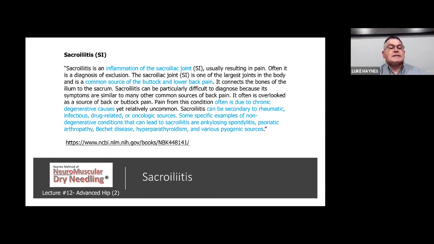So sacroiliitis itself, I'm not referring to an innominate rotation, upslip, downslip, anything of that nature. Any of those things could create an inflammation of the sacroiliac joint, without a doubt. So specifically, we're just discussing an effective method to decrease that inflammation in that joint.